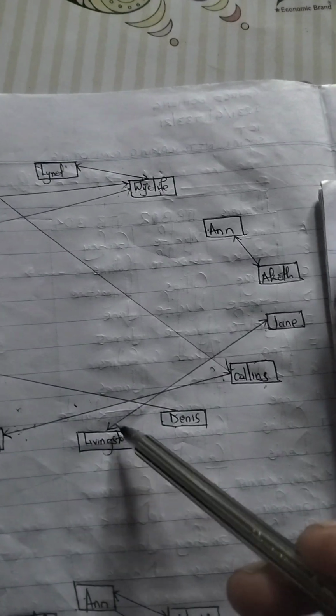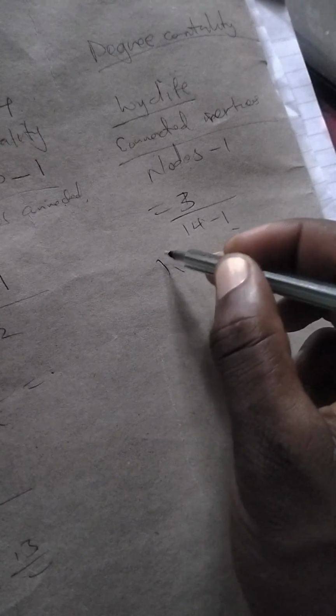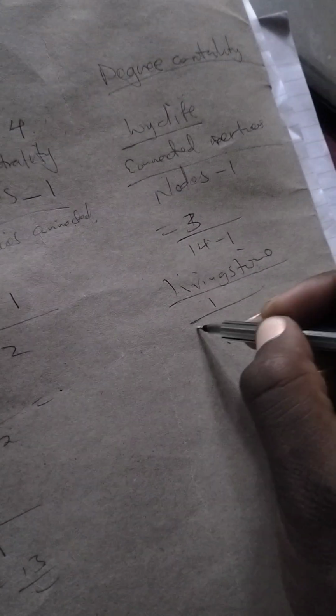You see, this one is easy. Then for example, if you come to Livingstone, only 1. So for Livingstone it is 1 over 14 minus 1.